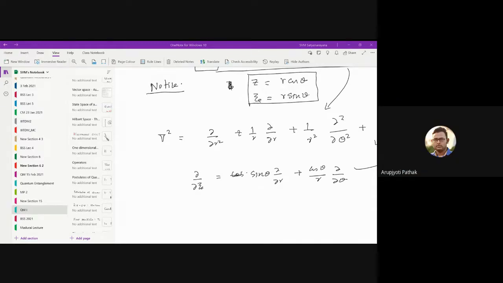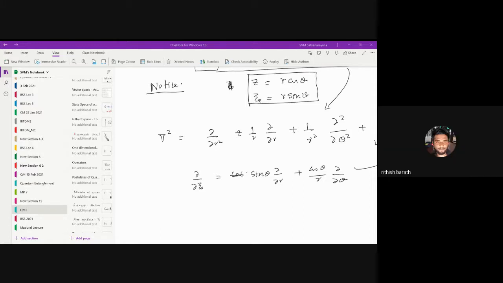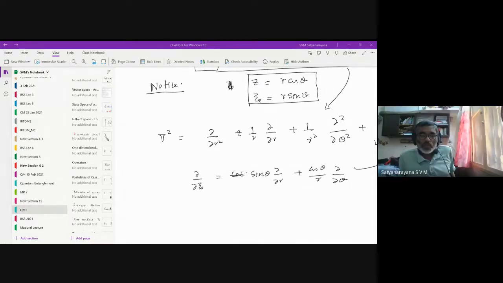Sir, but that will be discontinuous at the second derivative, the modulus function. Yeah, I think that's not a problem. It is similar to the Dirac delta potential, where we take care of the first order and second order derivative. I think it is possible.